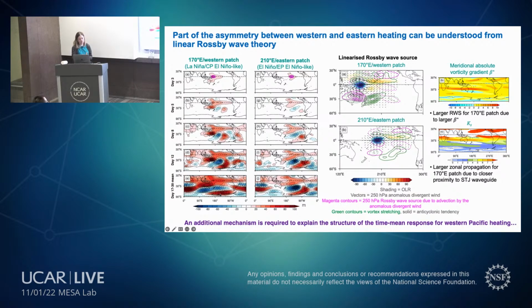But in this western heating case, the development of this zonally elongated dipole in the southern South Pacific is not really able to be explained from linear theory. And so we find that this suggests that an additional mechanism is required to explain the development of this response.